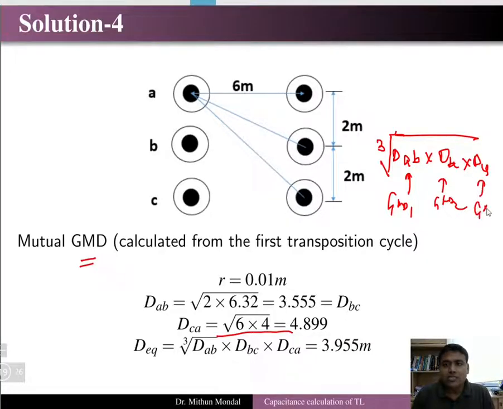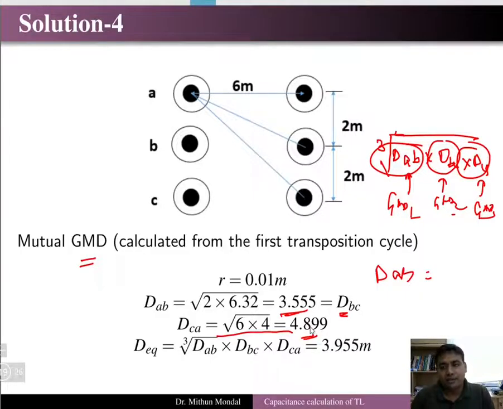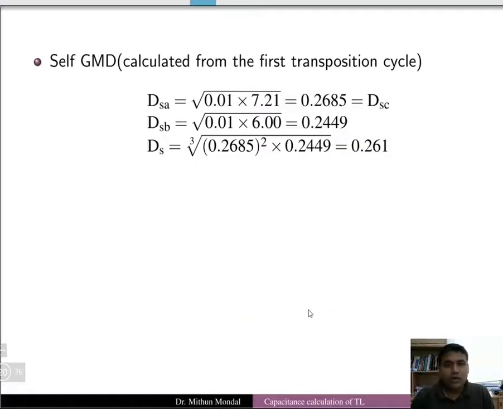So individual GMD of the line you have to obtain for the configuration AB, BC and CA. So if you obtain the individual configuration AB, you are getting 3.55, which is equal to BC, and CA is 4.899. So after substituting these values of the GMD1, GMD2 and GMD3, you can get the total GMD of the line is 3.955 meter.